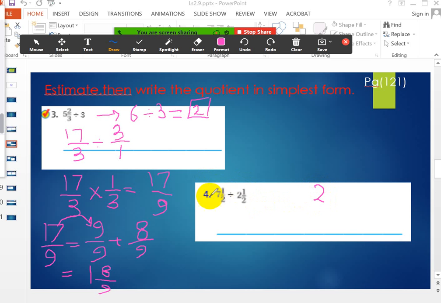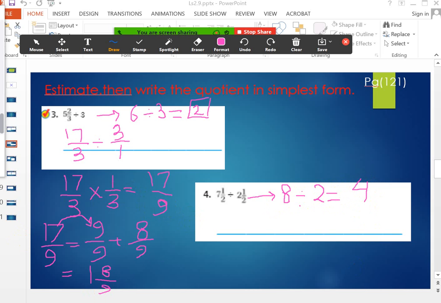What is the number close to 7 and 1 over 2 and able to divide on 2? The closest number is 8. 8 is able to divide on 2. So I will choose numbers I can divide by each other. That's what I mean by compatible numbers, numbers suitable to each other. 8 divided by 2 equals 4. So this is the estimate.